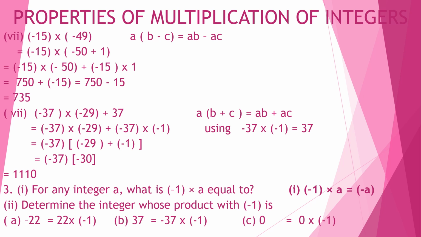So 22 is the integer whose product with minus 1 will give me minus 22. Now in the second case, minus 37 is the integer whose product with minus 1 will give me 37. And in the third case, I multiply 0 by minus 1 and I get 0.